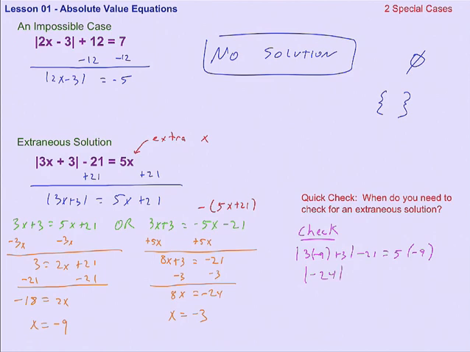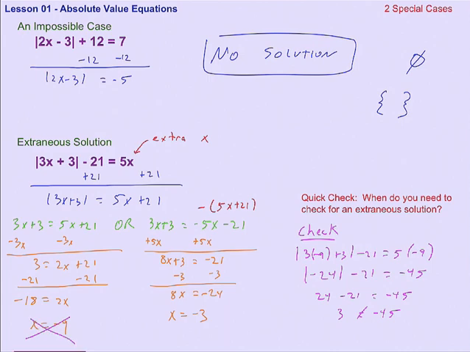So the absolute value of negative 24 minus 21 equals 5 times negative 9, which is negative 45. And wait a second. Negative 24 minus 21 is negative 45. That's true. But the absolute value of negative 24 is positive 24. And then when I subtract 21 from that, I get 3 equals negative 45. And that's not true, which means that x can't actually equal negative 9.